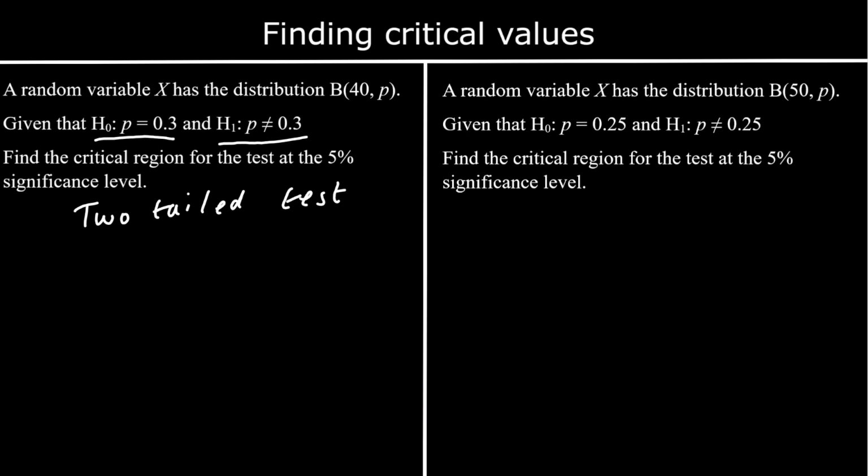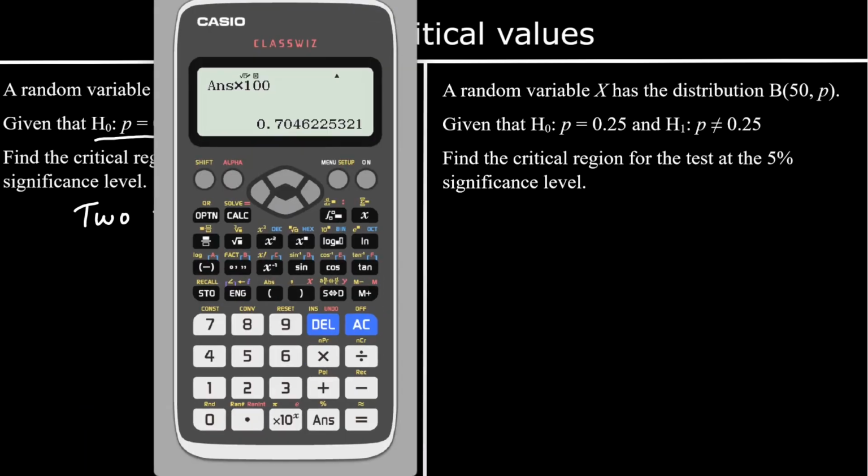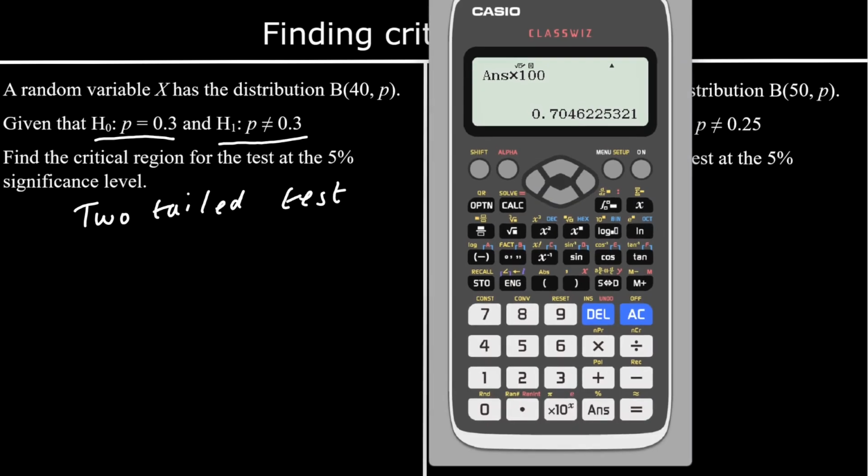So we're just going to do the same thing. We're going to plug it into the calculator and try and find the most extreme 2.5% on both sides. So binomial cumulative, and X, we can pick anything. Let's start with the one below. I'll try 8. N is 40 and P is 0.3.